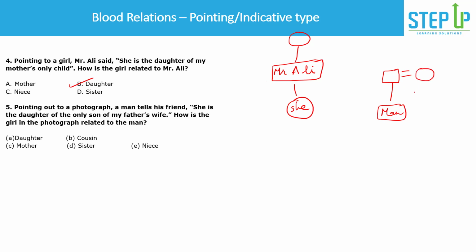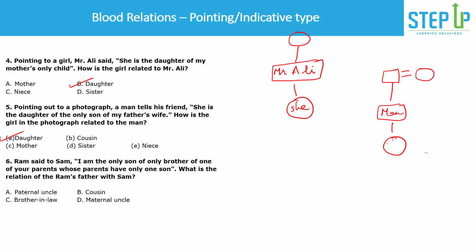So he says that girl, she is the daughter of only son of my father's wife. That means my parents' only son, and this is a man we already know. That means she is whose daughter? This man's daughter, right? Who is talking here? So how is the girl in the photograph related to the man? Again, she is also daughter.